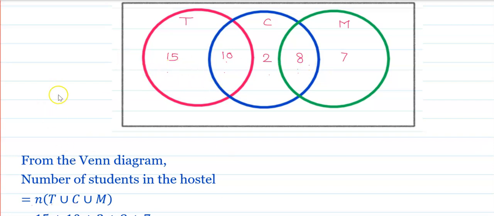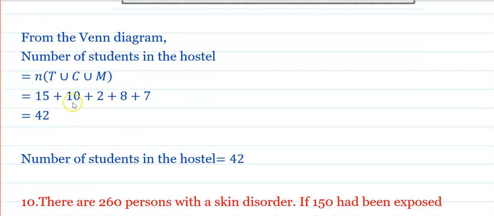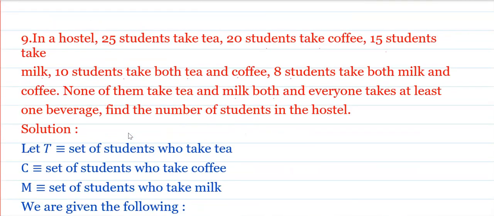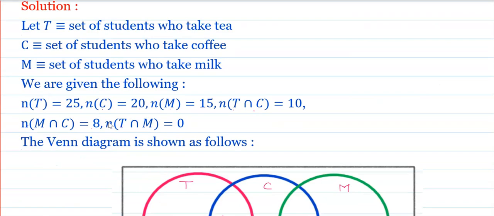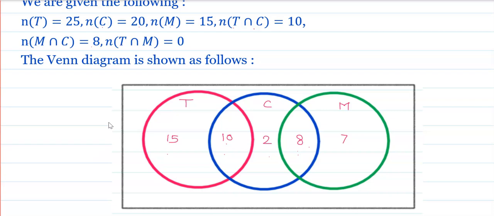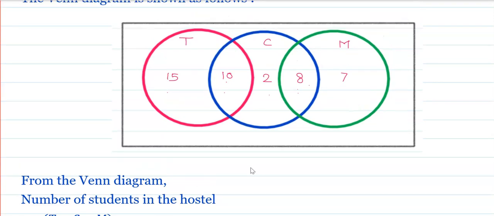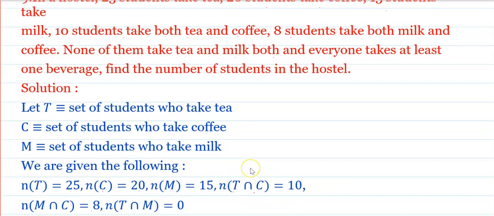Therefore, it is 15 plus 10 plus 2 plus 8 plus 7, and that is equal to 42, because it is given that everyone takes at least one beverage. Means all the students take tea, coffee or milk, and hence the total number of students in the hostel is equal to 42.